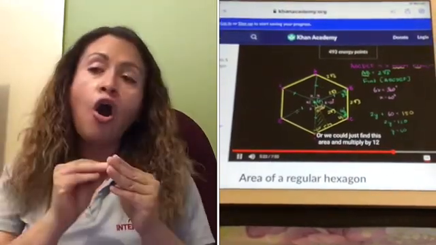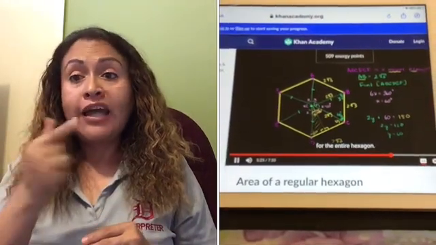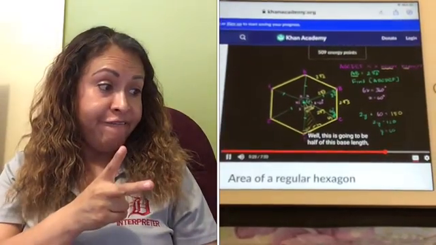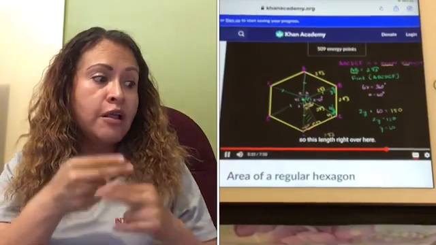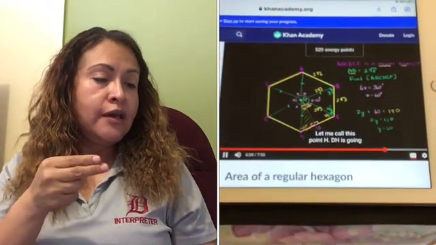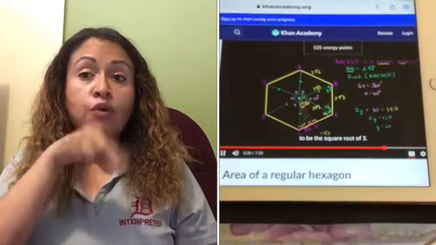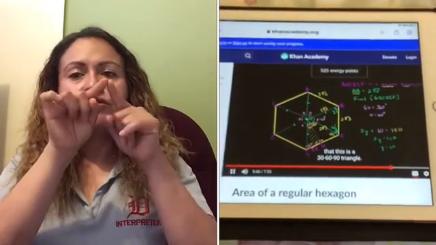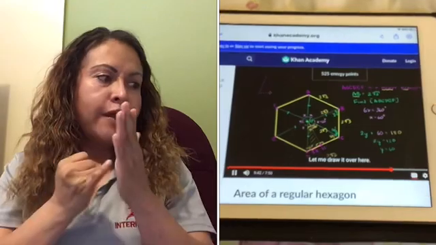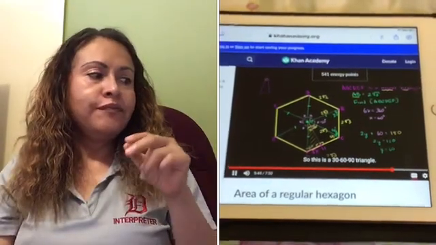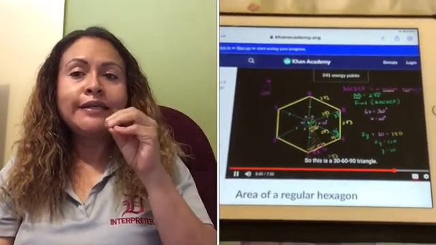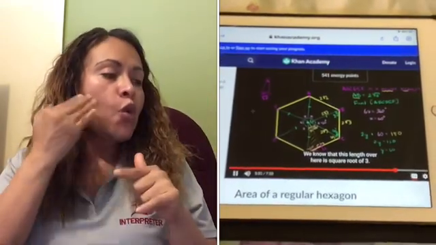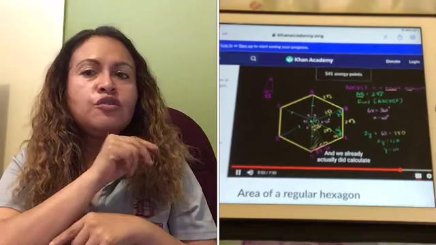So how do we figure out the area of this thing? Well, this is going to be half of this base length. So this length right over here, let me call this point H. DH is going to be the square root of 3. And well, hopefully we've already recognized that this is a 30, 60, 90 triangle. Let me draw it over here. So this is a 30, 60, 90 triangle. We know that this length over here is square root of 3. We know, and we already actually did calculate, this is 2 square roots of 3, although we don't really need it.